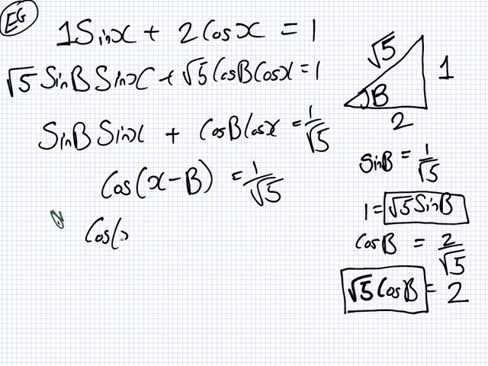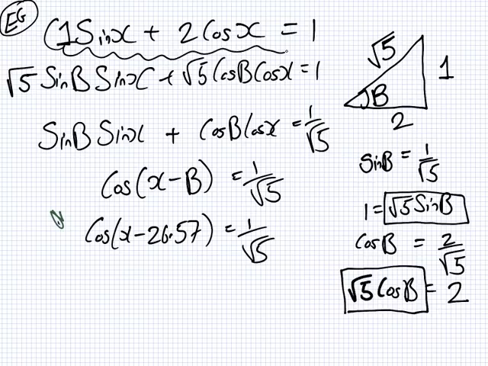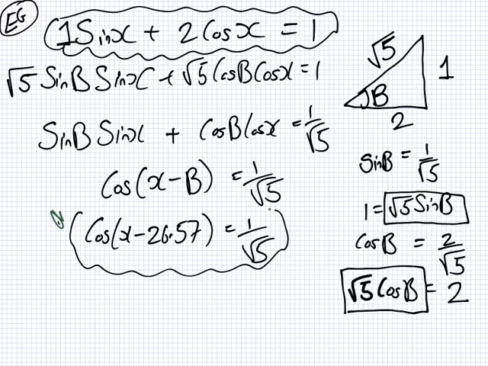So cos(x minus 26.57) equals 1 over root 5. So what I've done is I've changed this equation into this equation. And this is something you've done in semester 1.